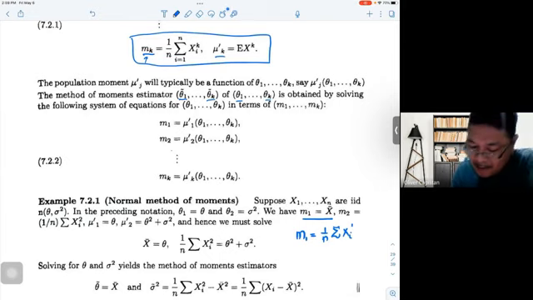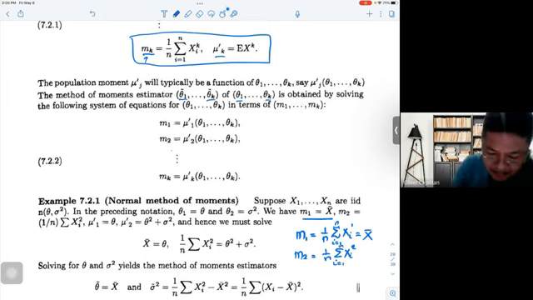So this is equal to the sample mean x bar. Our m sub 2, according to our definition, is 1 over n, the summation of x sub i square, i from 1 up to n.